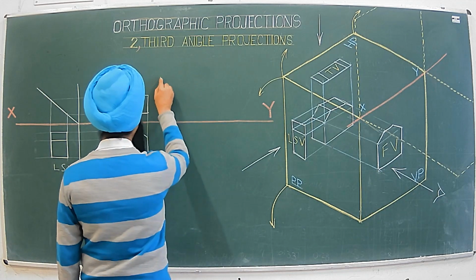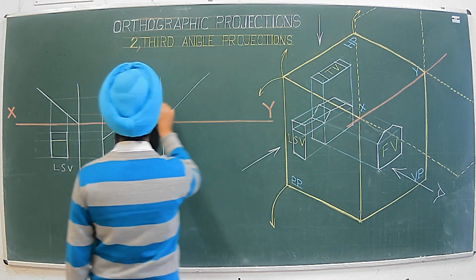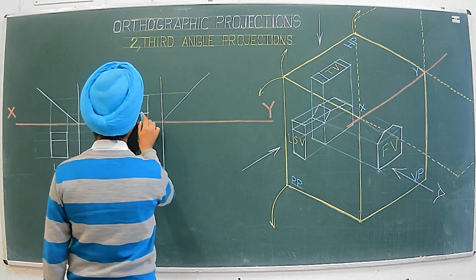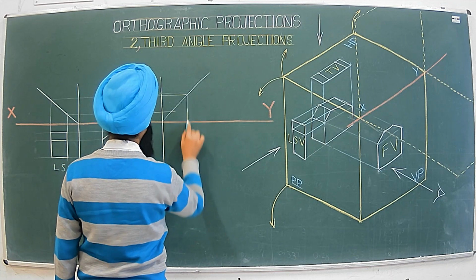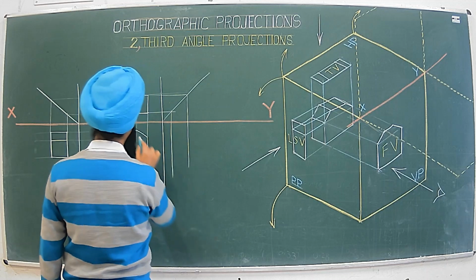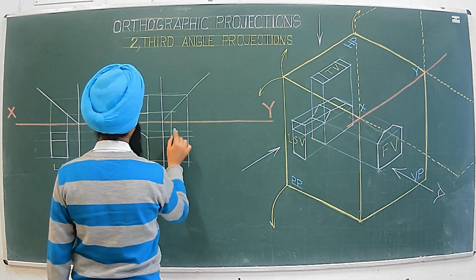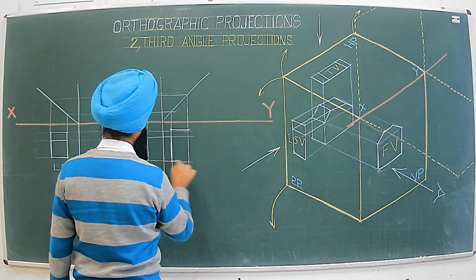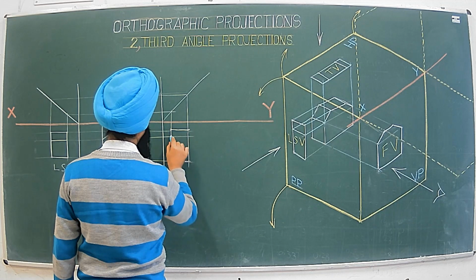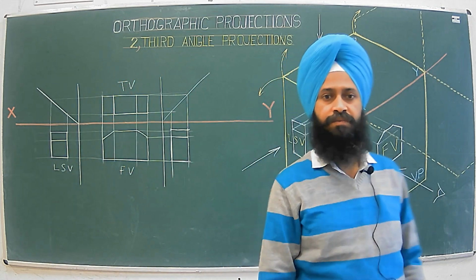Similarly, we can draw the right hand side view. So this is the right hand side view.